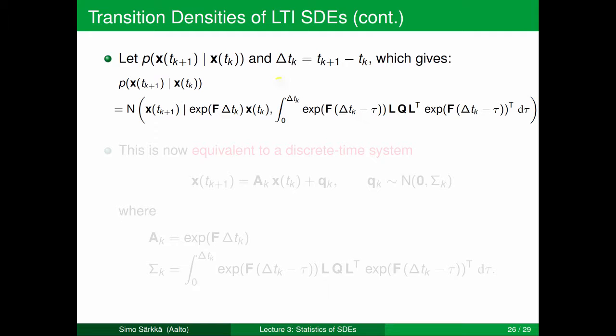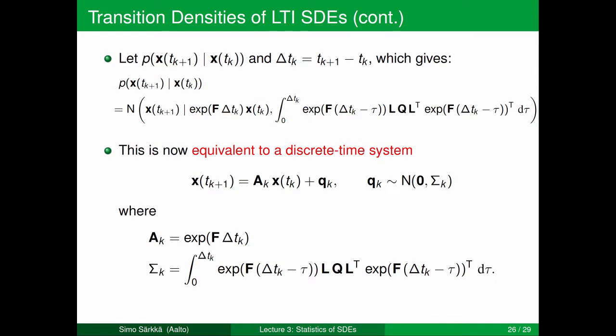The integration is not from t_k to t_{k+1}, but from 0 to delta t_k because the system is time invariant. But now we can see the system as being weakly equivalent to a discrete time system of this form. So we have x at t_{k+1} equal to a matrix A times x at t_k plus q_k, where this q_k is some kind of Gaussian zero mean random variable.